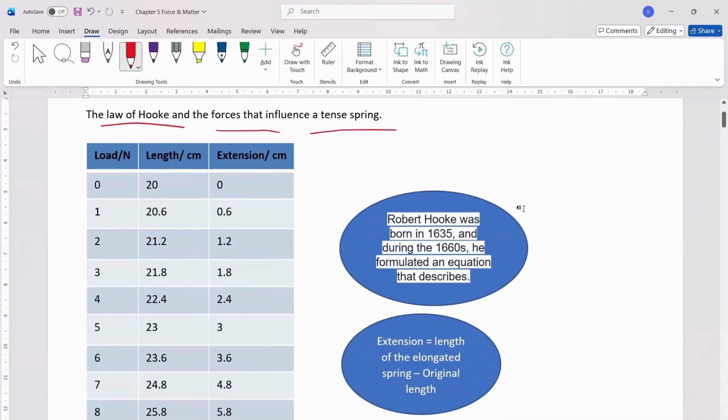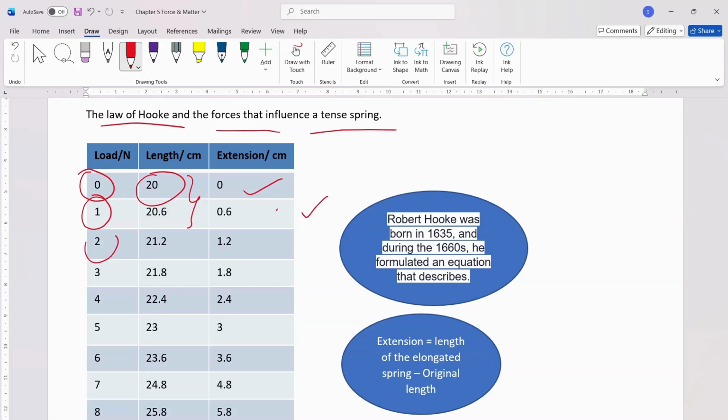You see here in this table, we have zero load. The length of a spring is 20 centimeters and there is no extension because there is no load. But when we increase the load, the length increases from 20 to 20.6, which shows an extension of 0.6.